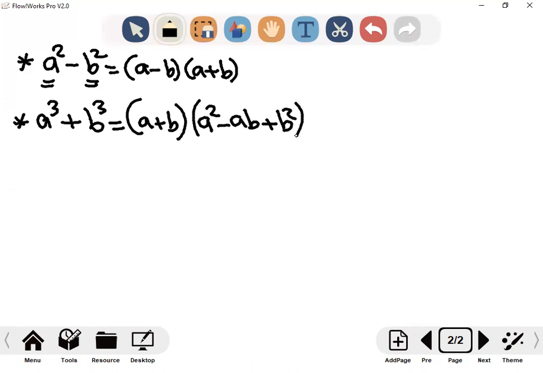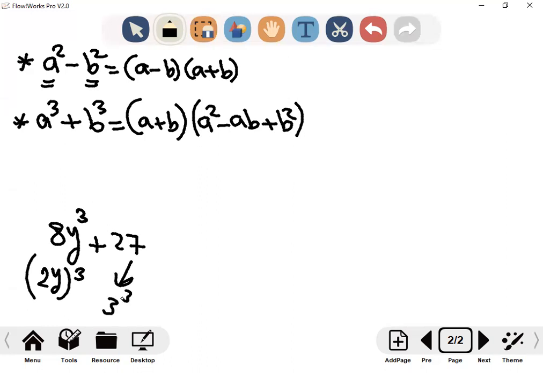For example, if you have 8y power 3 plus 27. In 8, I want something power 3, which is 2. So 2 power 3, 2 by 2 by 2 is 8. And y power 3. Together, 2y all power 3 is 8y power 3. So plus this one, 3 power 3.